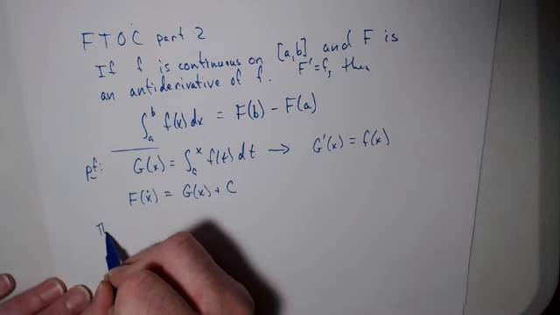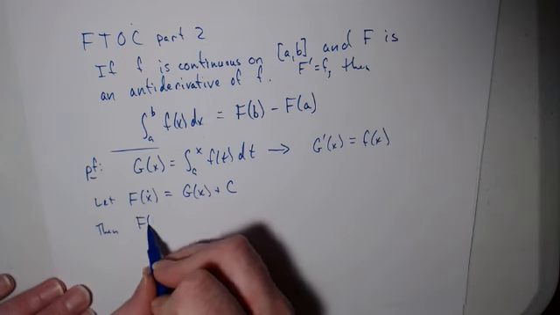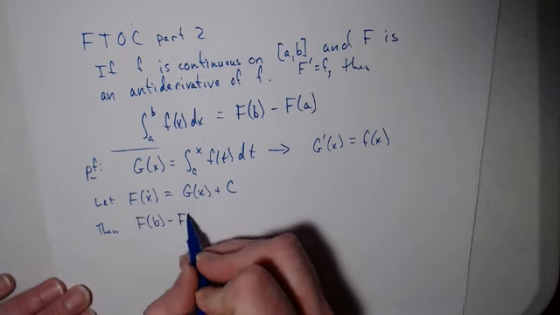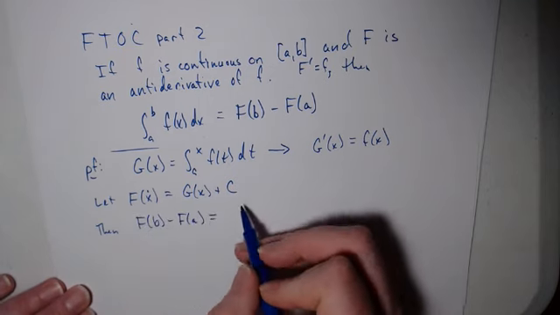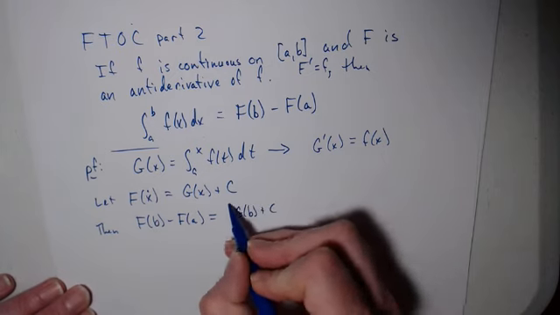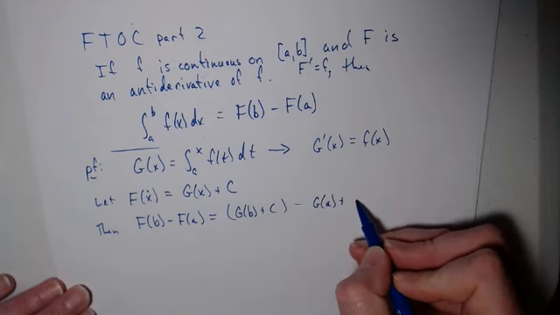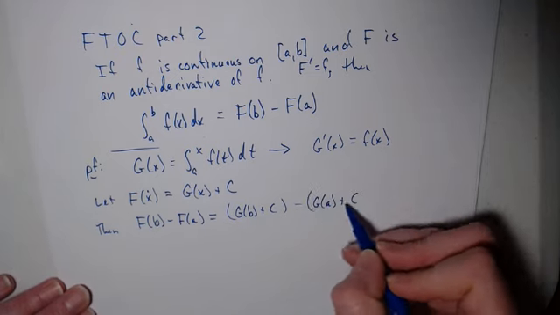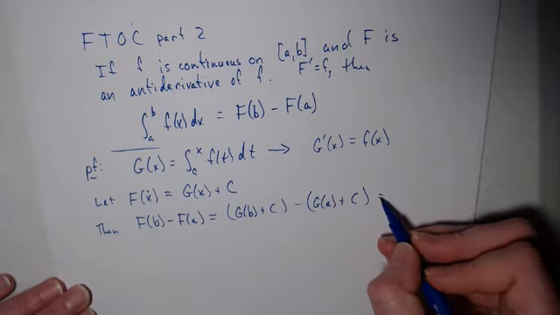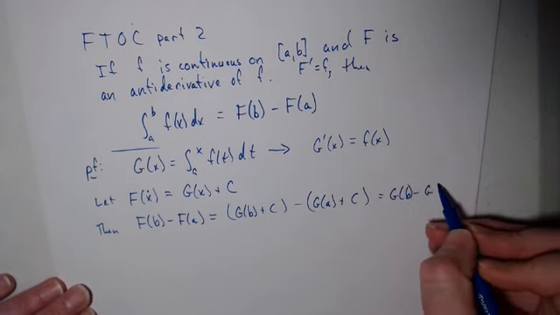So then F of b minus F of a equals G of b plus c minus G of a plus c, same c, so see the c's cancel, so just G of b minus G of a.